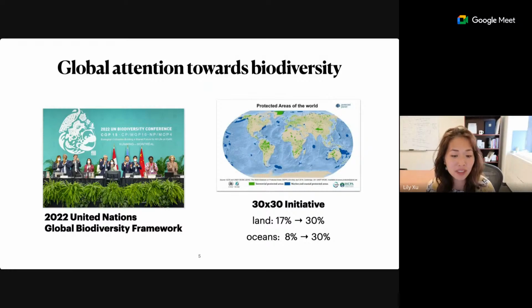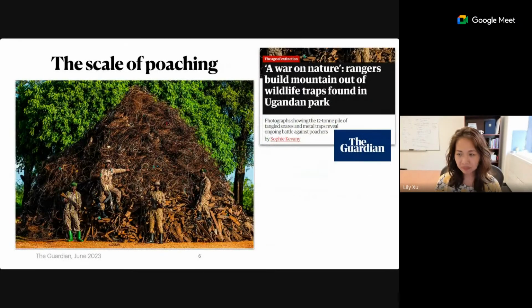One of the key provisions is known as the 30 by 30 initiative, which is the commitment to increasing the amount of the world's protected lands and oceans to 30% by 2030. This is over a doubling of the amount of the world's protected land and over a tripling of the amount of the world's protected marine area.